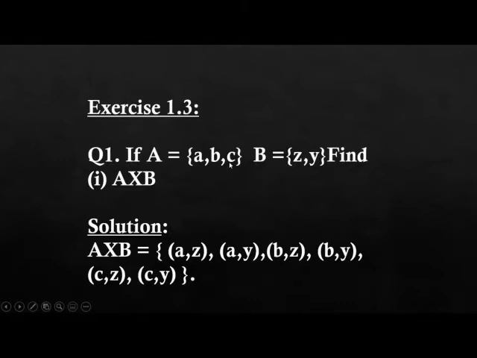There are 3 elements in set A and 2 elements in set B, so altogether they made 6 ordered pairs. These 6 ordered pairs lined up together in braces form a set, and this is termed the Cartesian product of A and B, or you can say A cross B.